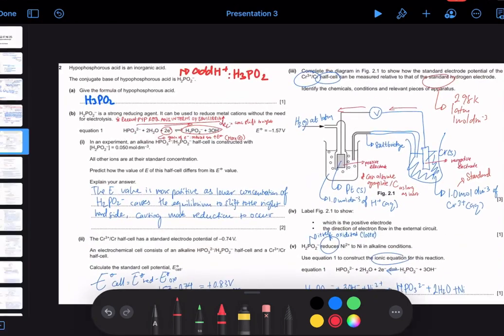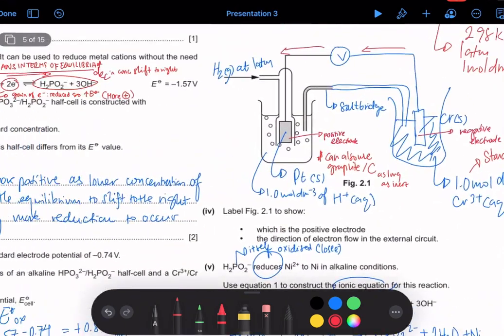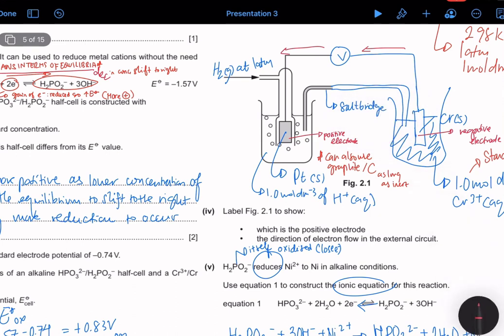Question V. H2PO2- reduces Ni2+. If it reduces something, then it itself gets oxidized. So it reduces Ni2+ to Ni in alkaline condition. Use equation 1 to construct the ionic equation for this reaction.